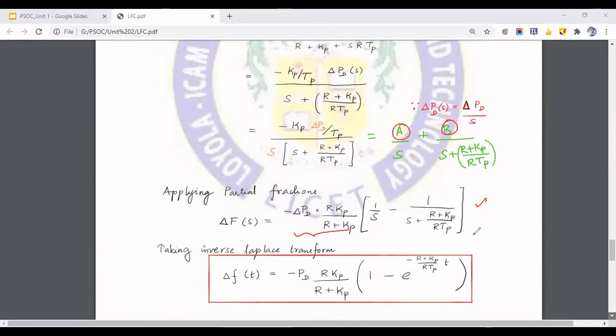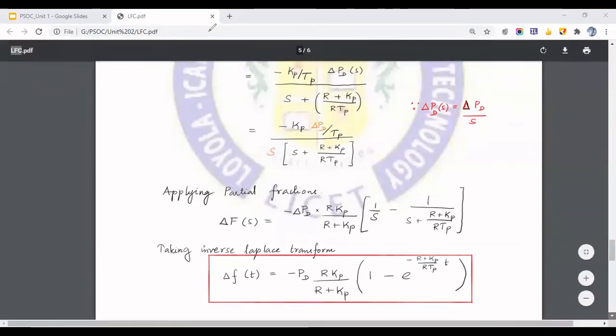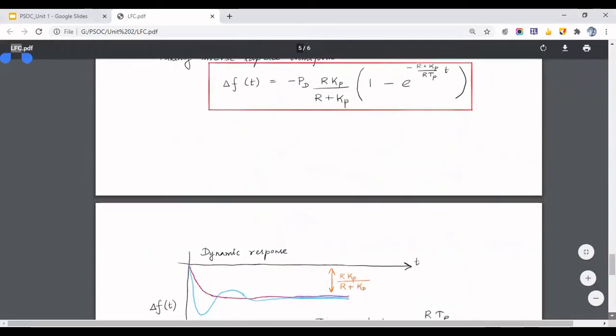And as I mentioned earlier, the inverse Laplace transform of 1 by s plus a is e power minus at. And in place of a, I have this fraction. So this is delta f of t. And this is the equation that is going to define the change in frequency with respect to time.